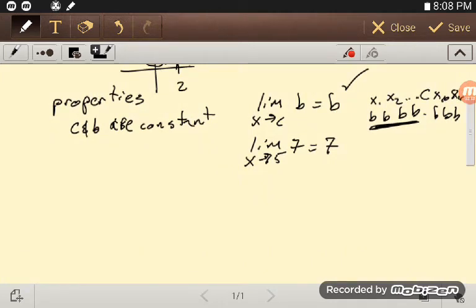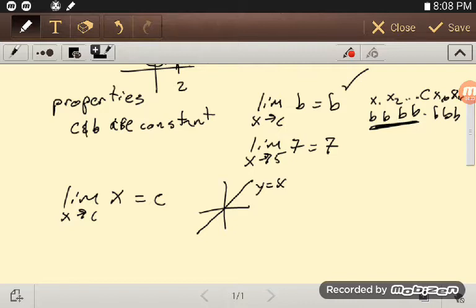Another property, so we aren't proving these properties, but we're saying they are terribly intuitive. Now the limit as x goes to c of x, the function x, well, that's just c. Again, that seems pretty obvious. We're looking at the function y equals x, and we're saying, hey, as I'm coming close to this spot here, then as I look at that, that's the same distance up here on the y-axis. So sure, yep, I believe that one.